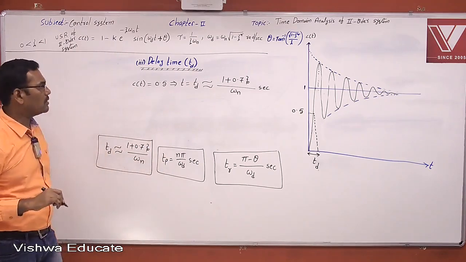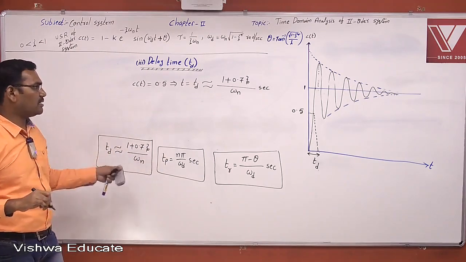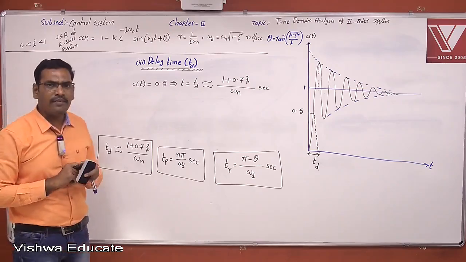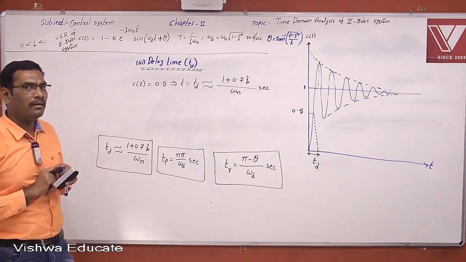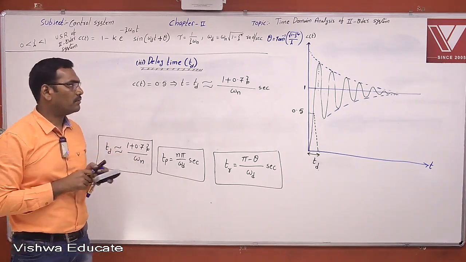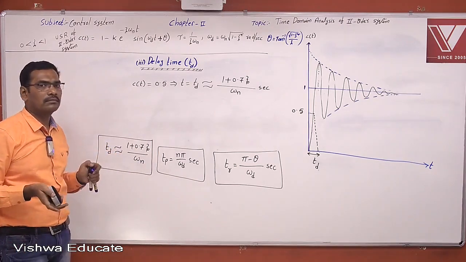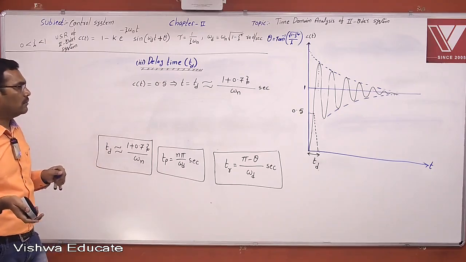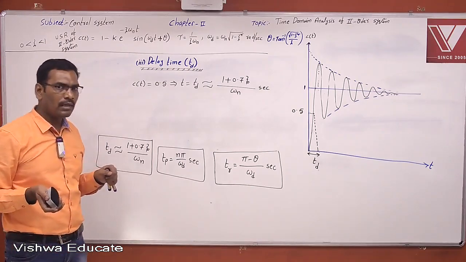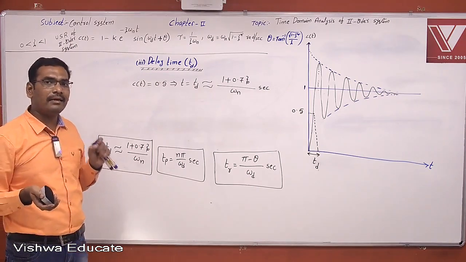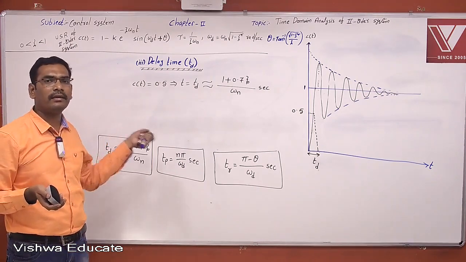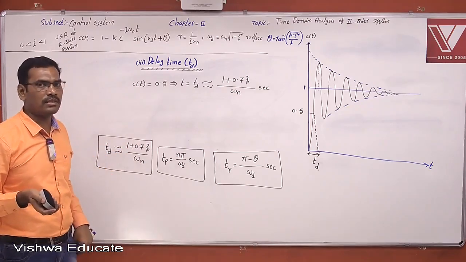In the first order system also we will see rise time and delay time, with the same definitions. Note this down. If you just understand the graph, then the definitions and derivations automatically become very simple to you.